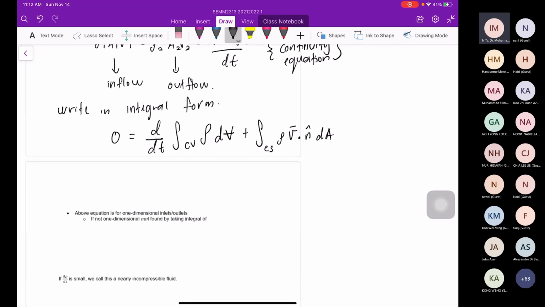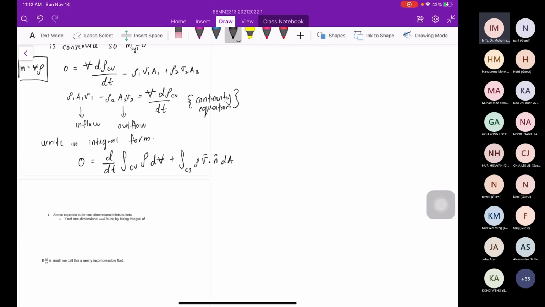Consider a fluid in which all conditions at any point are constant with respect to time. For example, under steady state condition, there is no change of property over time.